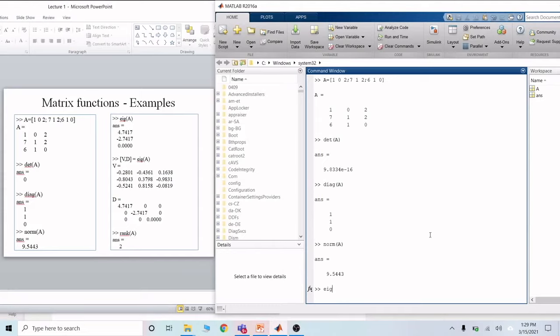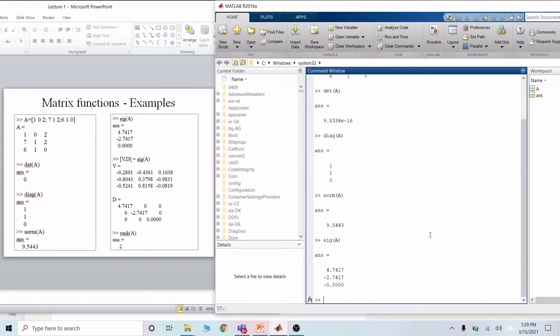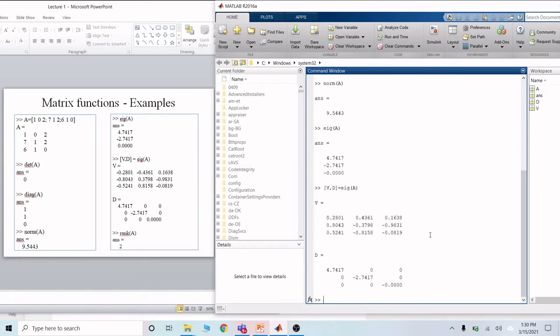EIG, eigenvalue of A. EIG A, eigenvalue is this. And the other command: V comma D is equal to EIG A. This will give you V. V is the eigenvectors. First column of V is the eigenvector corresponding to this 4.7.